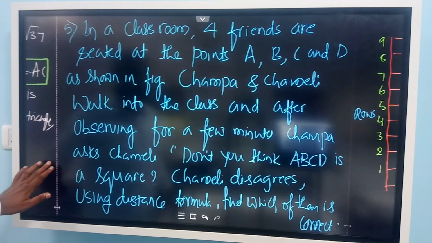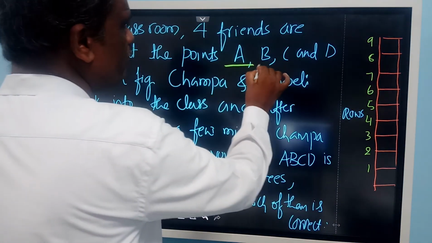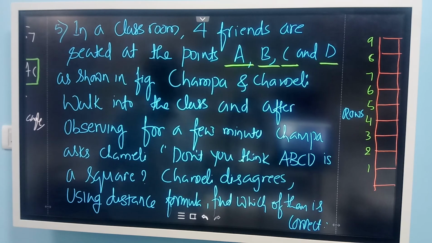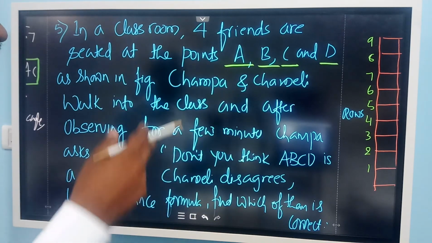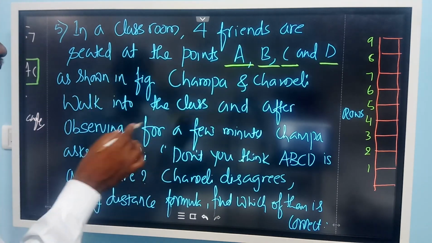Now, in a classroom, 4 friends are seated at points A, B, C and D. At 4 different places they are sitting. They are friends only. There are many students, but they are close friends. They are sitting at positions A, B, C, D at different places.